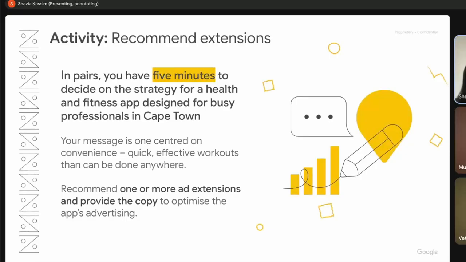And here's what I'd like you to do. Recommend one or more ad extensions to optimize this ad and provide copy for the extension that you recommend. So you have 5 minutes to decide on your strategy, and we'll come back and share our thoughts. Any questions, or are we clear?